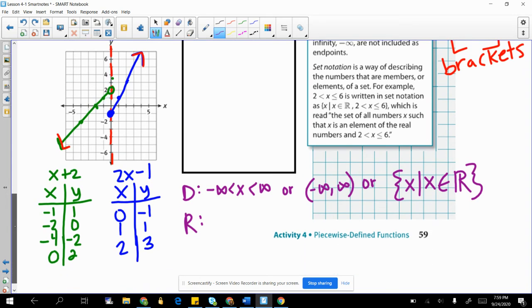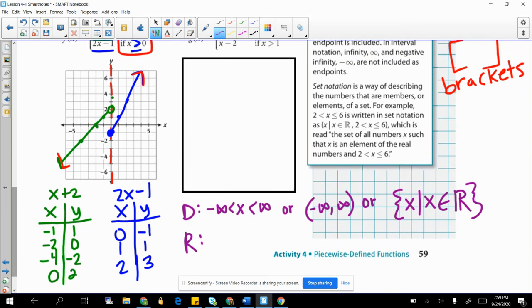Beautiful. Now let's go ahead and do our domain, or sorry, our range. We just did domain. And our range, again, this is going to go up for forever. This is going to go down for forever.